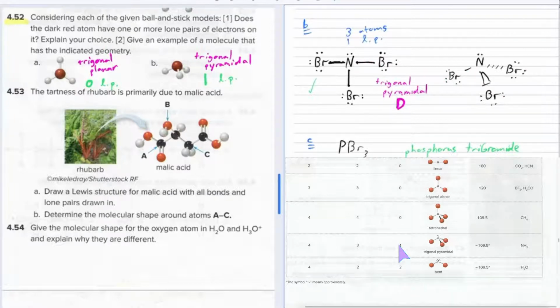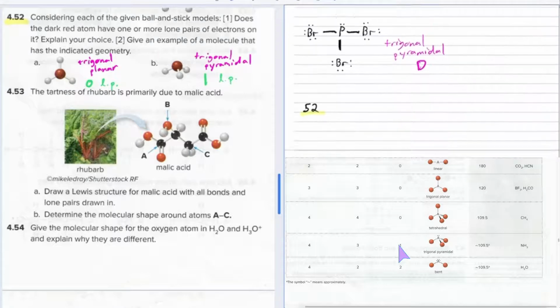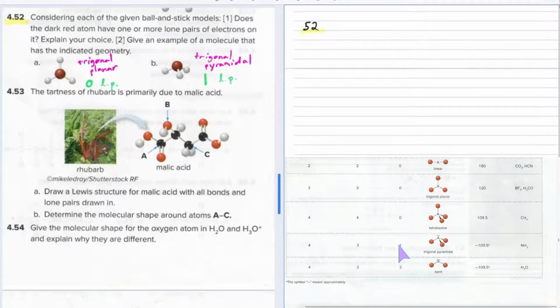So if you want new examples, then how about this? For A, how about BCl3? Instead of BBr3, we got BCl3. So you got boron with its 3 valence electrons.